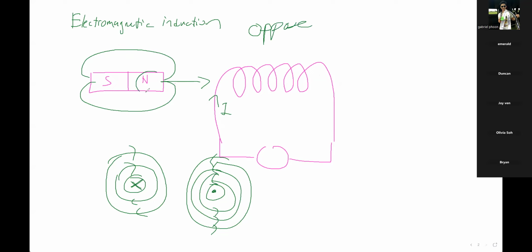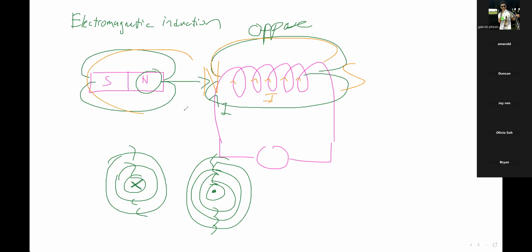Meaning to say, if the north tries to go in, the coil will produce its own magnetic field that opposes the motion producing it, meaning there will be a temporary north pole here and a temporary south pole here as soon as I start pushing it in. Because I have a north and south here, I can dictate that the magnetic field generated will be pointing up. The current generated will have a magnetic field that will oppose the motion producing it, okay?